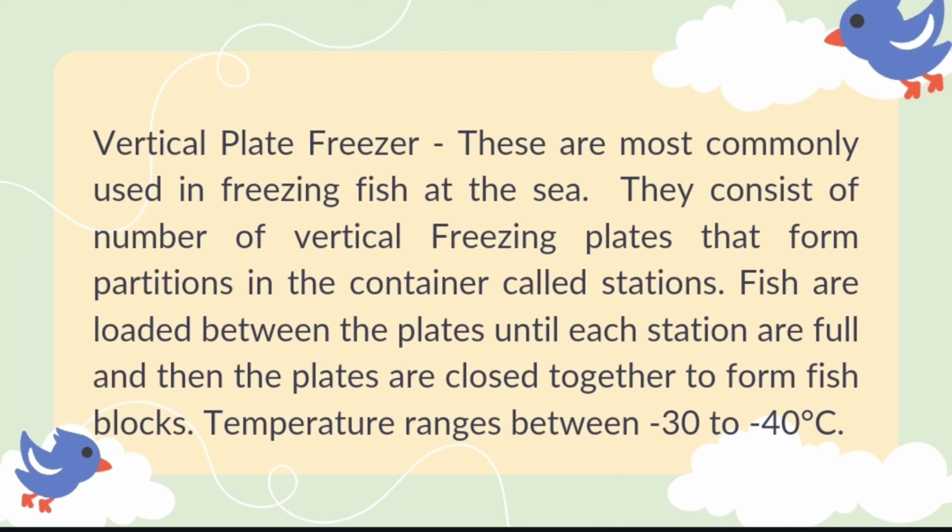The temperature ranges between -30 to -40 degrees Celsius. This vertical plate freezer is designed for bulk freezing at low energy and handling cost, and freezes quickly to sustain food quality and ensure food safety.